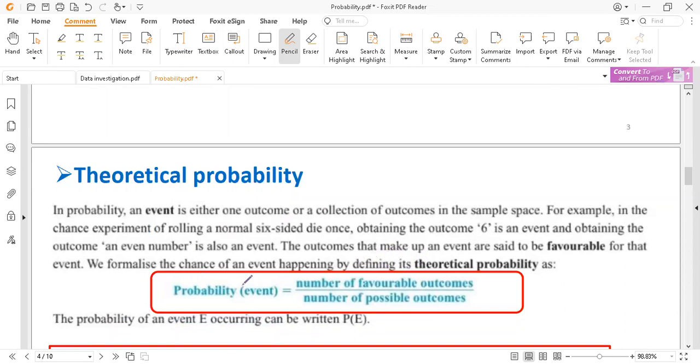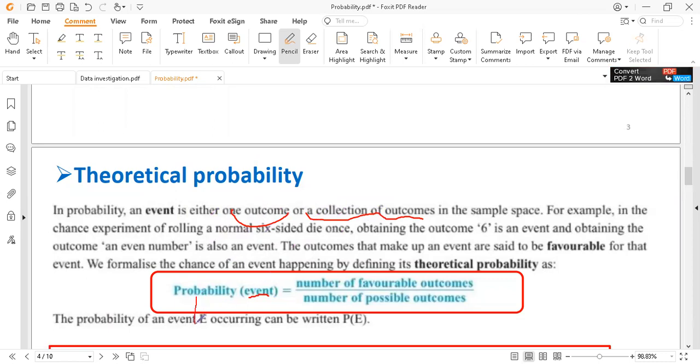So we should know that the event, first of all, is either one outcome, or a collection of outcomes. So it is a singleton from the sample space, one outcome, or a subset of the list of the sample space.